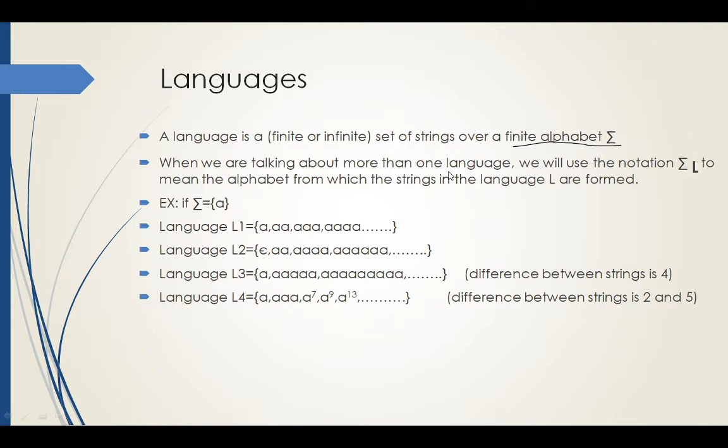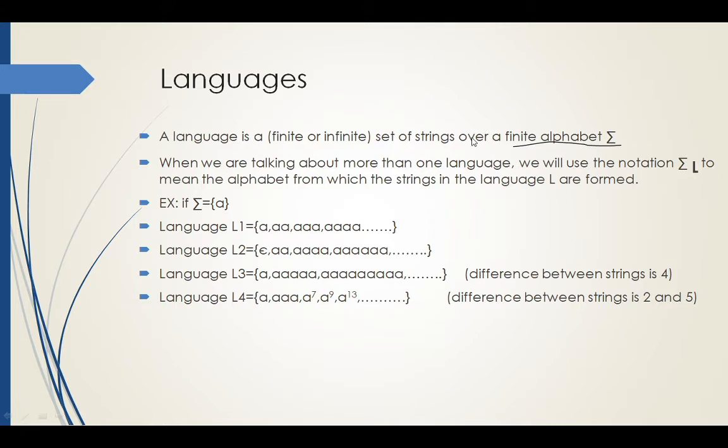Alphabets are finite and fixed here, so using those alphabets you frame strings, and these strings may be a finite number or an infinite number. These finite or infinite numbers of strings form a language.